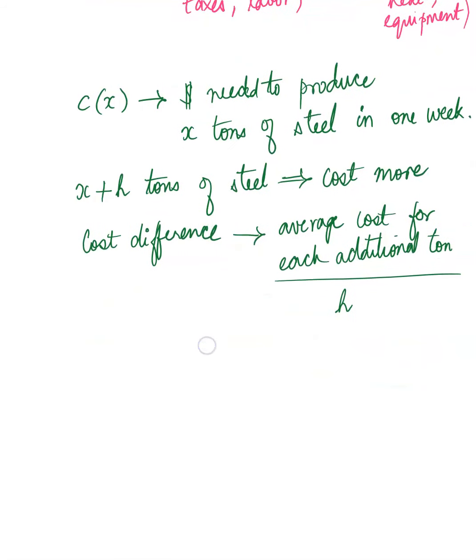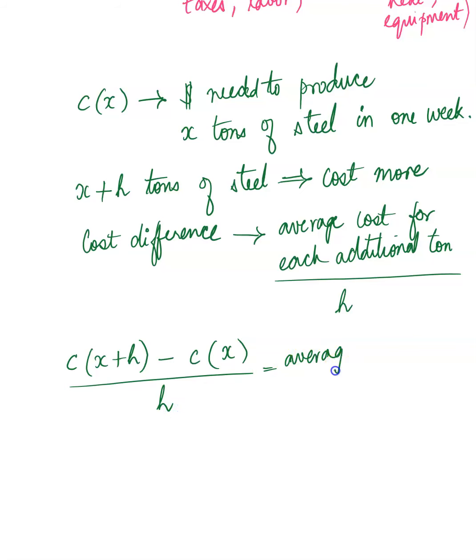So if I were to put it in the expression we are familiar with, cost of producing X plus H tons of steel minus the cost of X tons of steel, divided by H tons of steel produced, will be the average cost for each of the additional H tons of steel produced.